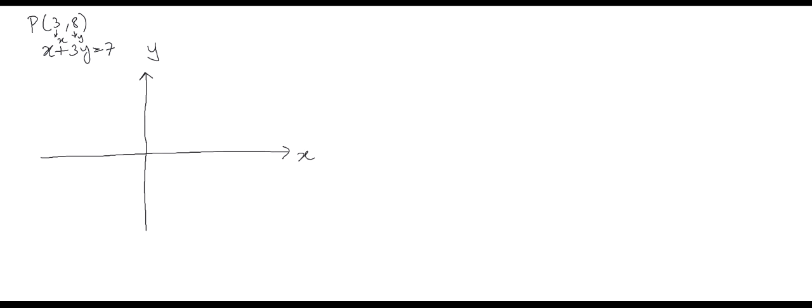And obviously for the point, let's say this is 1, 2, 3, and then there is an 8: 1, 2, 3, 4, 5, 6, 7, 8. So this is going to be our y equal to 8 line, and this is going to be our x equal to 3 line, right? So our point P is here.